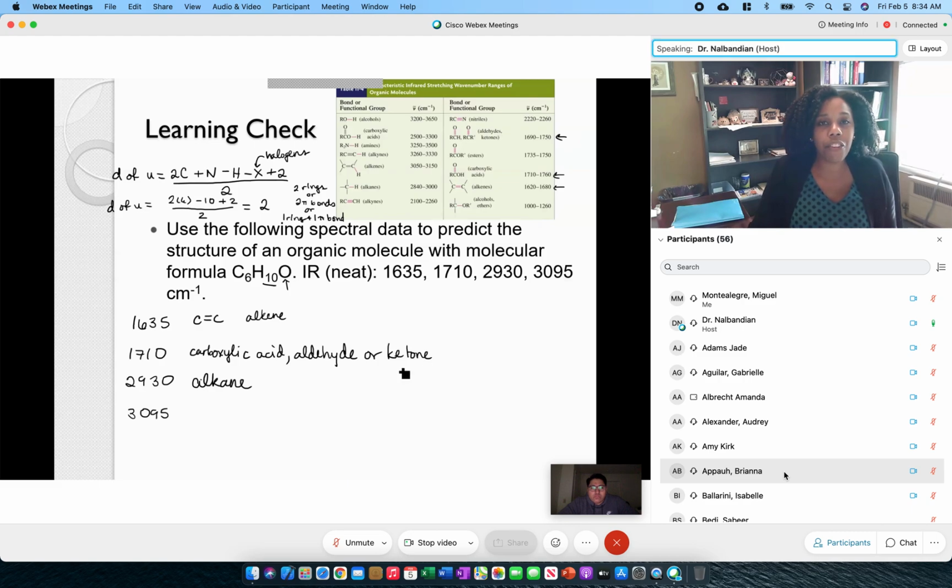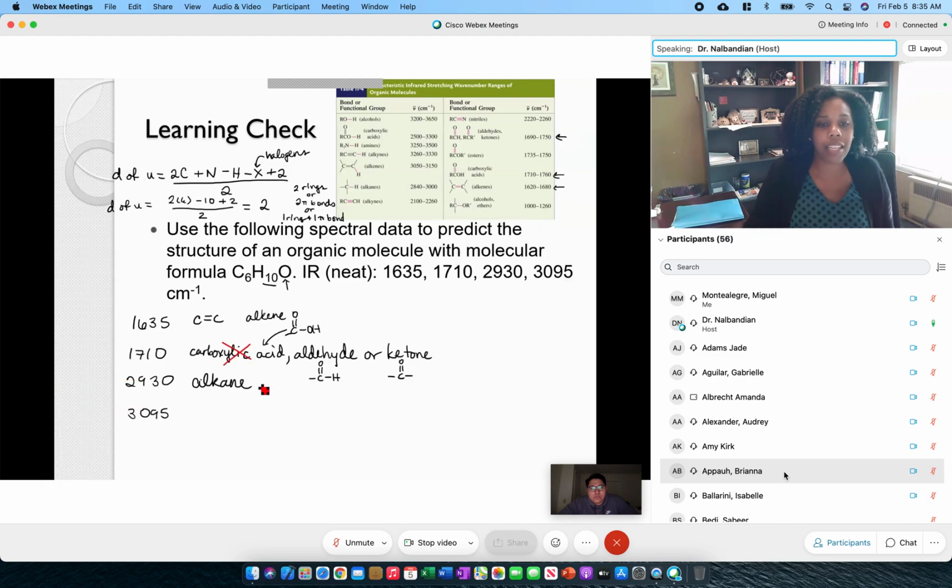All right, so you have to remember what these functional groups look like. So what does a carboxylic acid look like? Double bond to oxygen and then OH. What does an aldehyde look like? Double bond to oxygen with H, and then a ketone is just double bond to oxygen. So looking at these, is there one that we can say straight off the top, it's not this? Yeah.